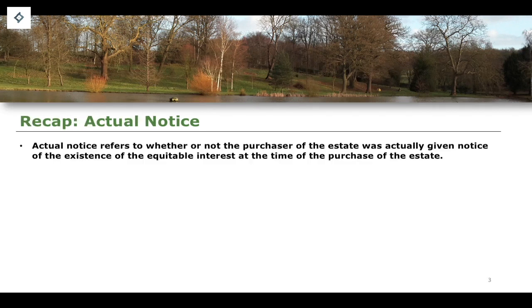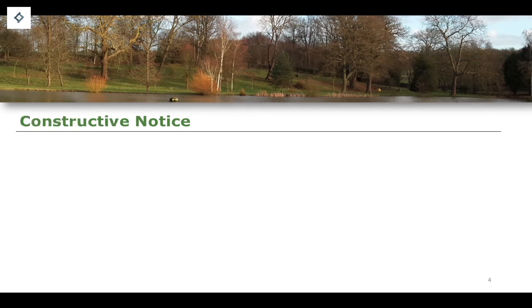We noted that this is an objective test, so what is considered to be actual notice of an equitable interest is determined on the basis of what a reasonable person would describe as actual notice. It's not a subjective test, it is an objective test. So that's what actual notice refers to, as the name may suggest, the actual giving of notice to the individual who may be in the process of conveyancing unregistered title.